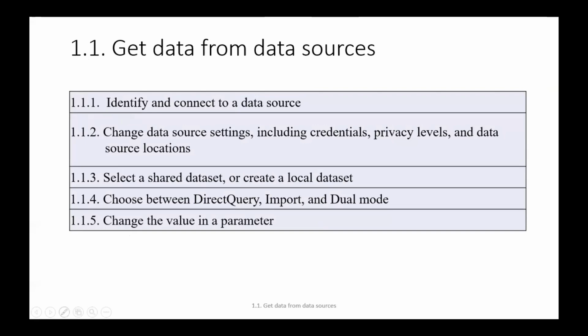So we already saw the first part, that is to identify and connect to a data source, right? You already understood that these are the things and these are the data sources through which you can connect your Power BI. You also explored that there are a lot of options in Power BI through which you can connect your data very easily, right?